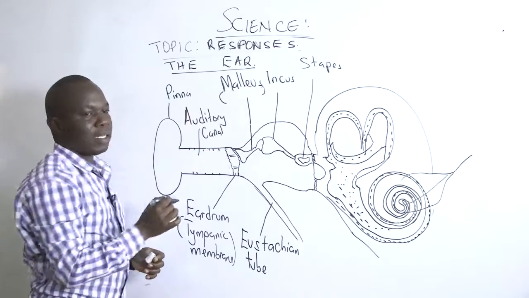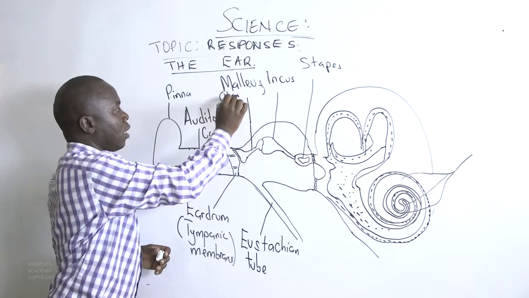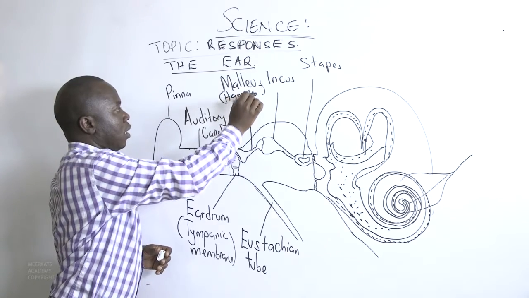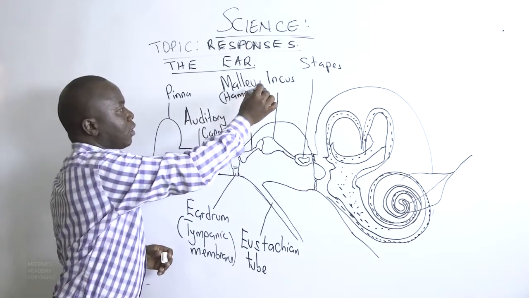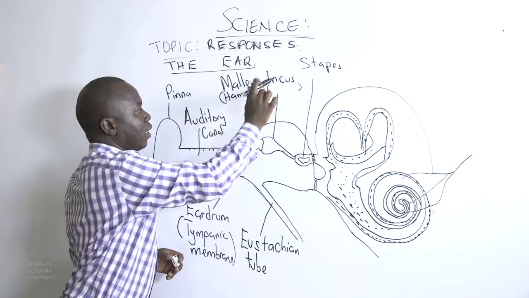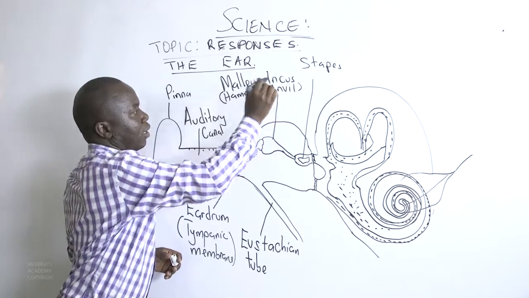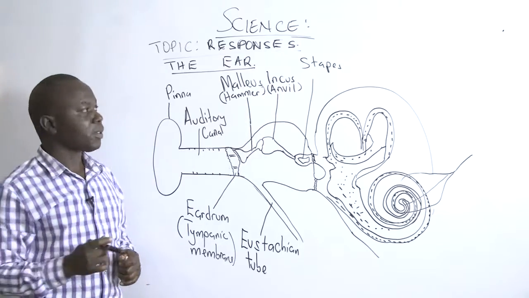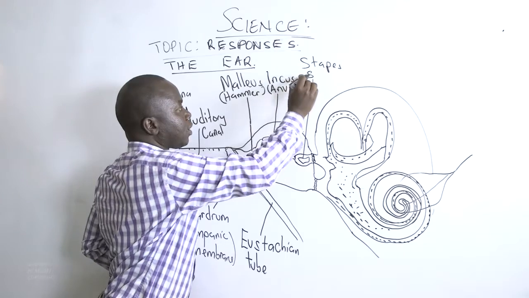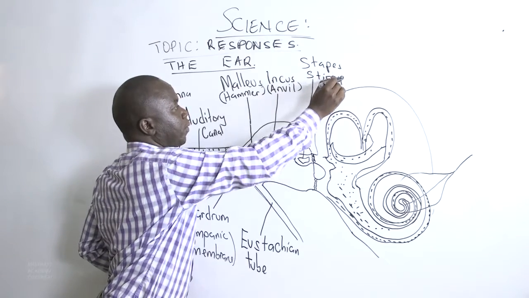The other name for malleus is hammer, and for incus the alternative name is anvil. And for stapes, it is stirrup.